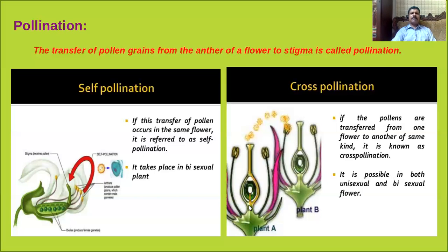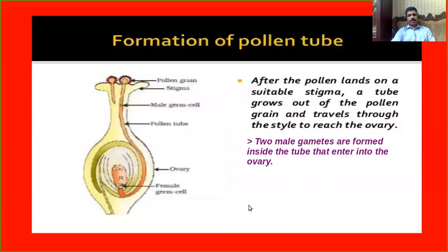Okay, just after pollination, what happens? Dear students, this is actually the pollen grains. As a result of pollination, the pollen grains fall on the stigma. After pollination, the most important event occurs. What is that? The formation of a pollen tube.